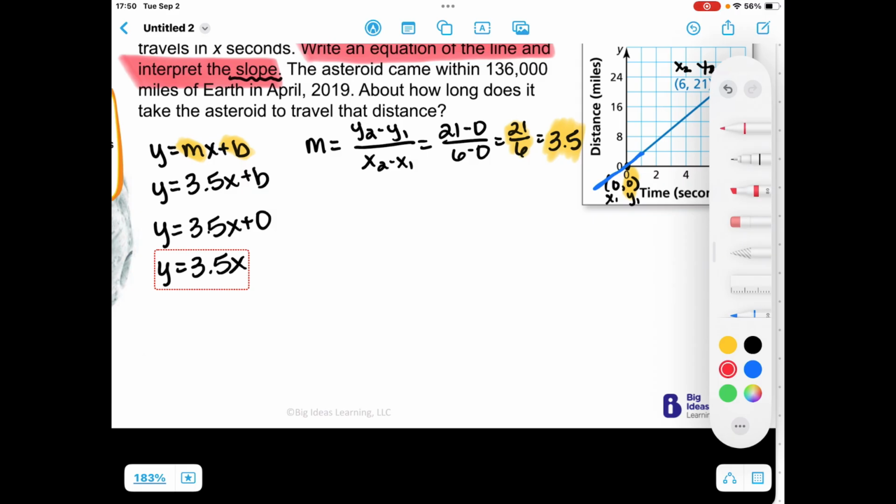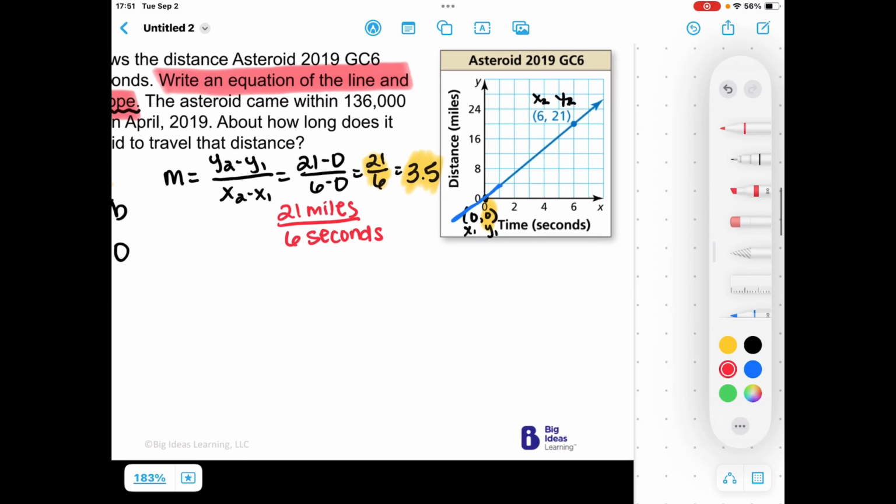So this slope, this 3.5, one way to kind of think about it too, it's 21 miles over 6 seconds. Now, where am I coming up with these units? If you were to look at the graph, we have distance as your y-axis label and seconds for your x-axis label.